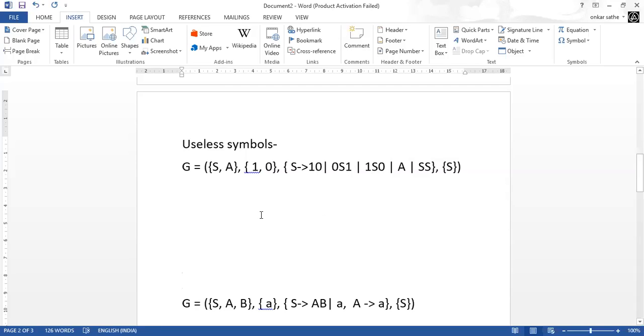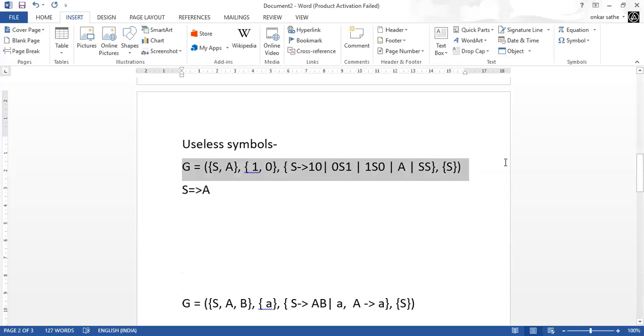Now let us take the production S derives capital A. Here there are no productions for this A, so this A is called a useless symbol. Such a useless symbol we can directly remove from the given grammar.